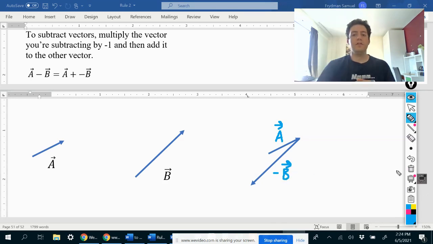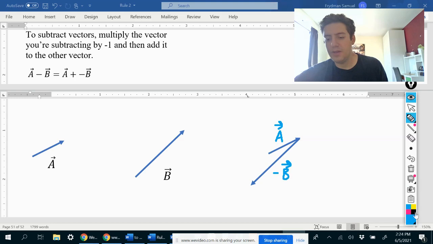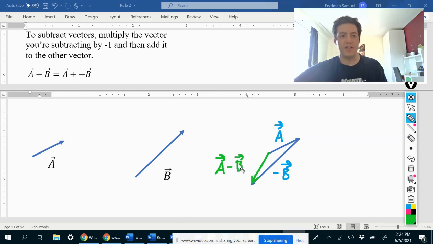And then the sum vector would be a minus b. Okay, this vector over here, which we got by adding these two vectors together, is what we mean when we say a minus b.